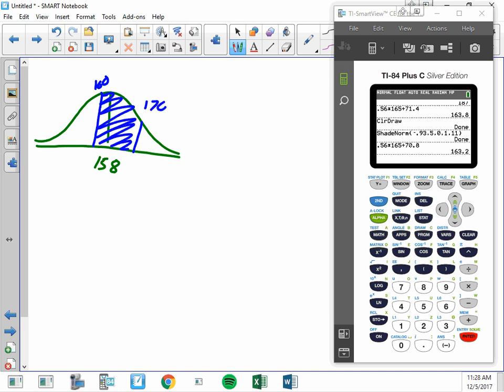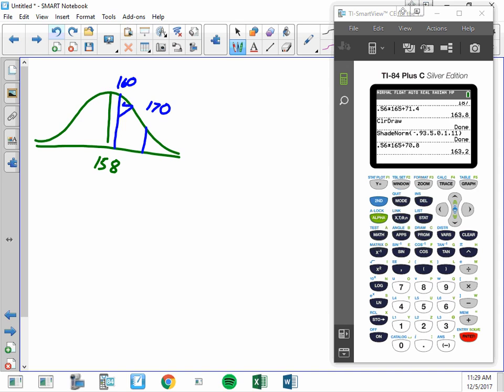So I need two z-scores here. The first z-score, my SD, remember, is 6. So my first z-score is going to be... Oh, wait, I put the 160 on the wrong side. Sorry. Here we go. 160 and 170.